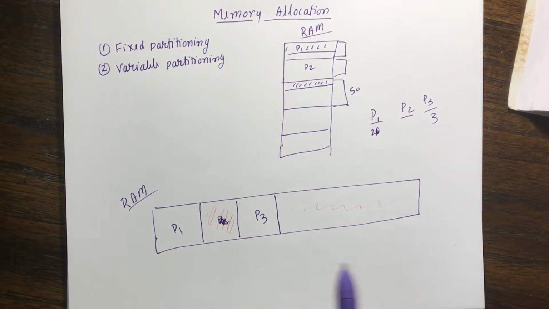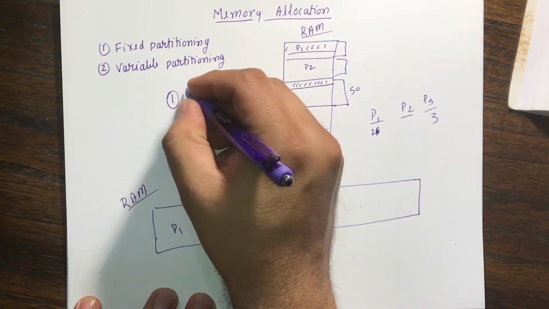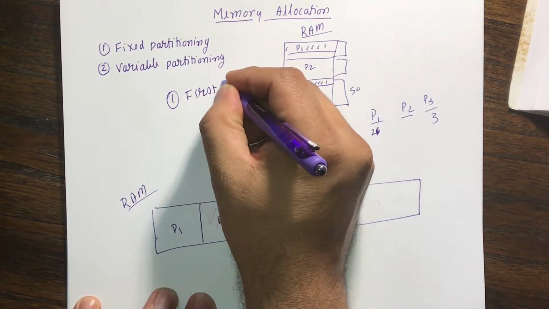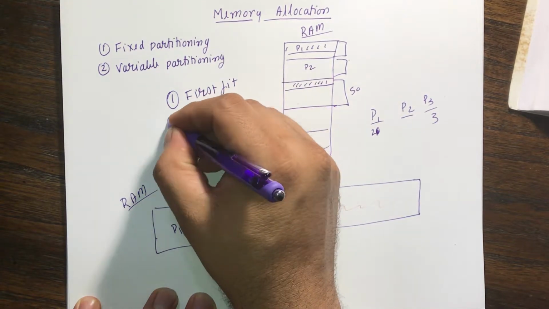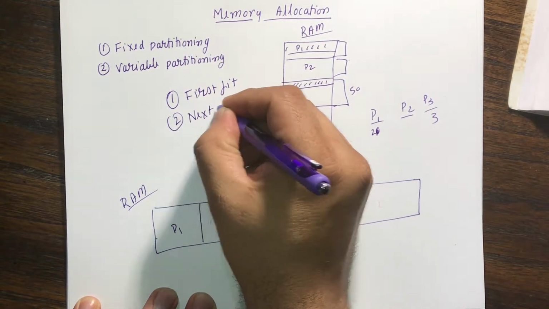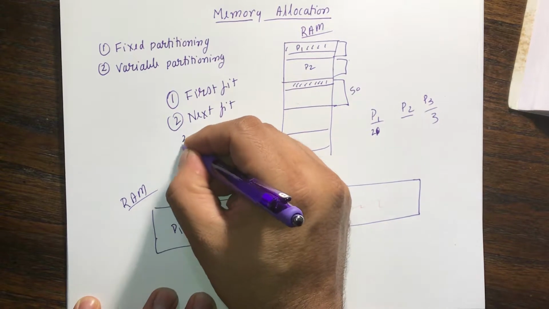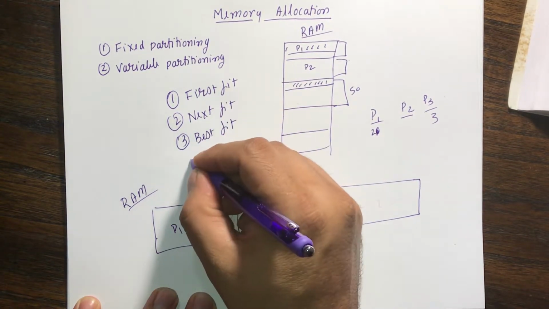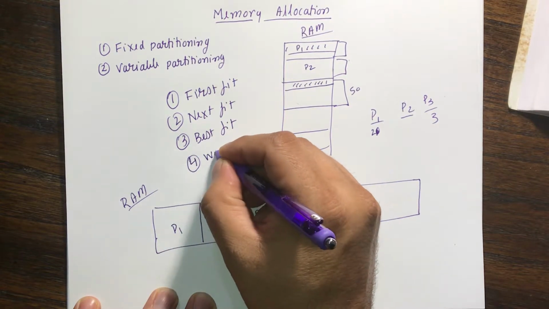There are different ways in which we can figure out which hole to fit into. One is called first fit. Second is called next fit. The third is called best fit. And the fourth is called worst fit.